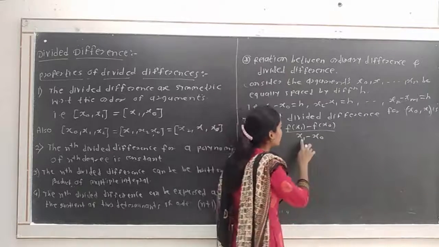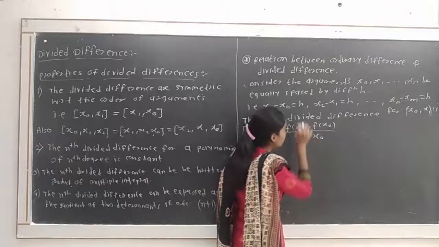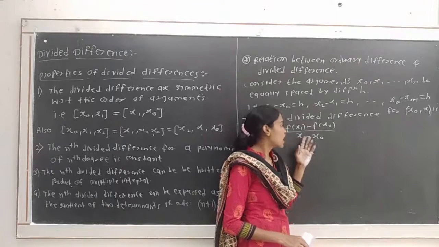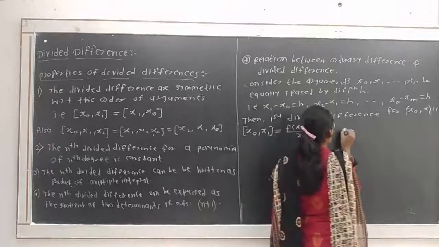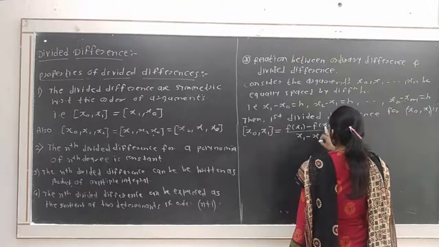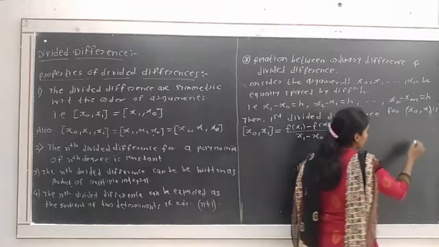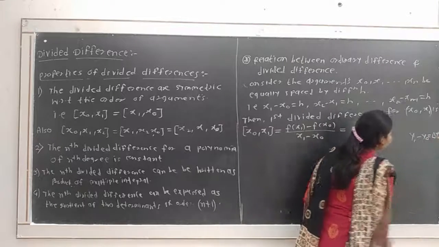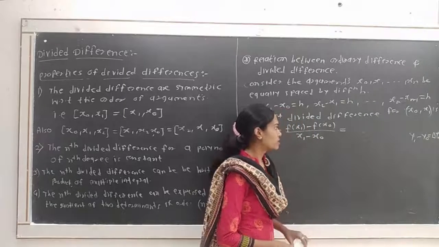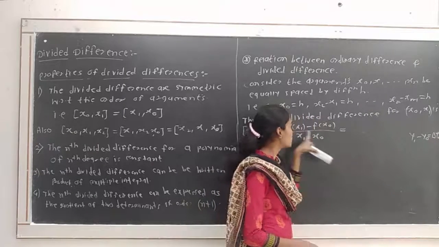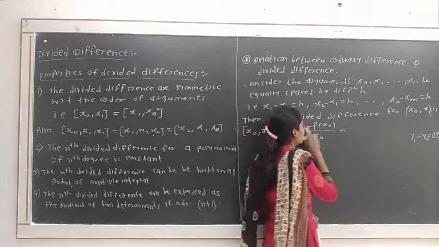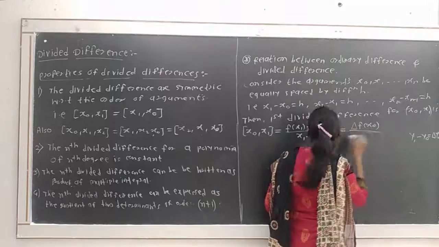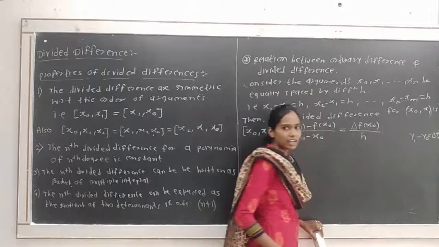Here x1 minus x0 is equal to h, because the values of x are equally spaced by the difference h. So f of x1 minus f of x0, that is y1 minus y0, is equal to delta y0, which is the definition of forward difference. So f of x1 minus f of x0 is delta f of x0, divided by x1 minus x0, that is, h.